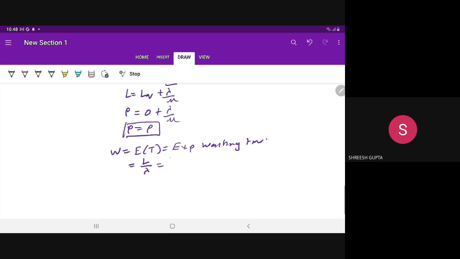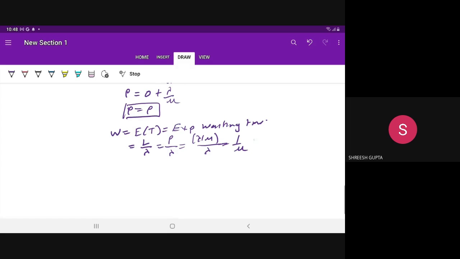So L upon lambda means rho upon lambda, or lambda upon mu upon lambda, or you can say 1 upon mu. So how much do you have to wait? It is the mean service time, right?